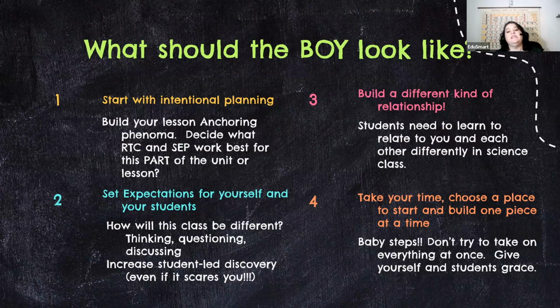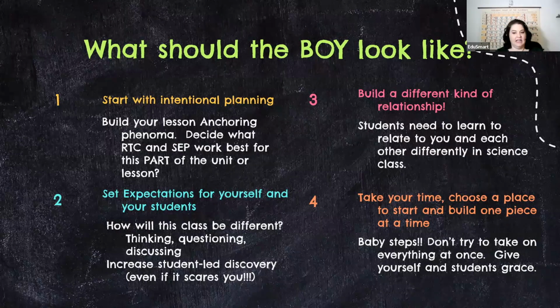And then baby steps, saying it over and over again. Choose a piece to start, build on that piece, and then just continue to build on every little piece that you can. No one is going to be an expert on this the first time, and you don't have to do it all at once. So take a deep breath, choose what you want to start with, but don't try to do it all at once.